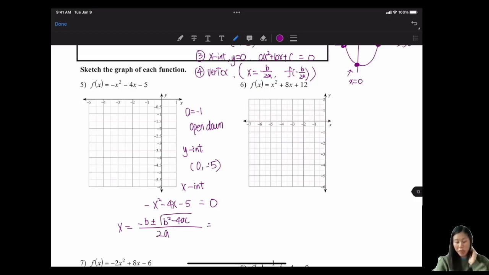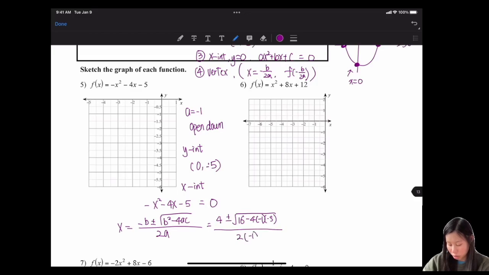So our b equals negative 4, so negative b should equal positive 4, plus or minus the square root of b squared, which is 16, minus 4 times a, negative 1, c is negative 5, over 2 times negative 1. So this equals 4 plus or minus negative 4 over 2.